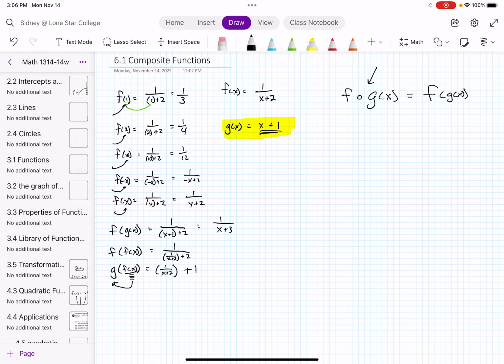It means plug the g function into the f function. Sometimes it's written like this. You'll see that in the textbook. This right here, oops, let me clean that up. That right there would be this right here, the f function being plugged into the f function.